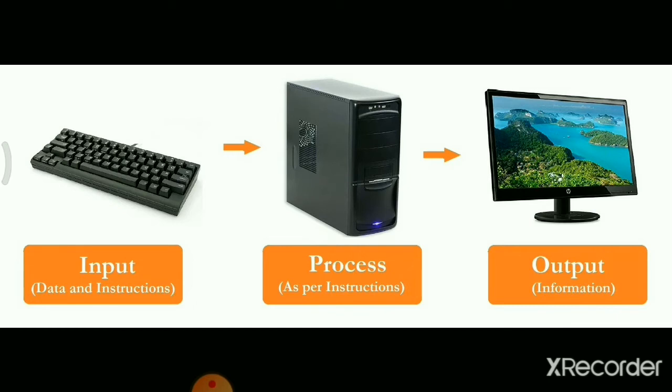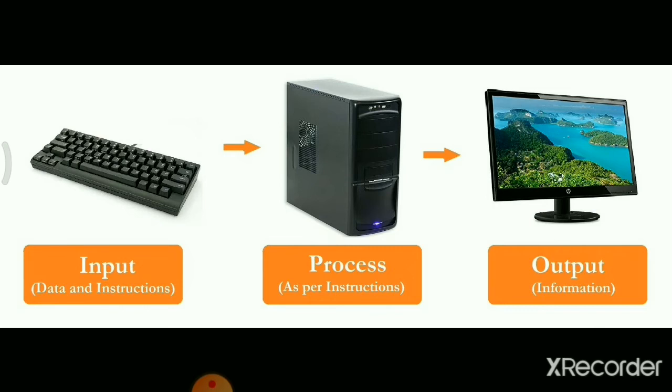Process is going on in the CPU, as per the instructions we gave, because the CPU is known as the brain of the computer. Then it will display the output on the monitor. So here input is the keyboard, process is going on in the CPU, and we get output from the monitor.